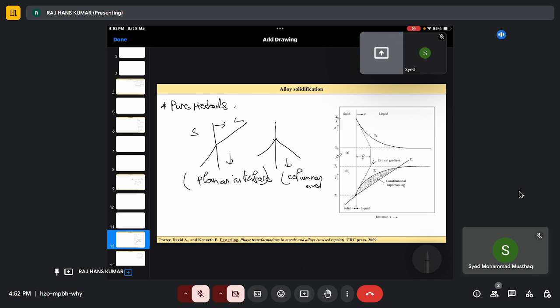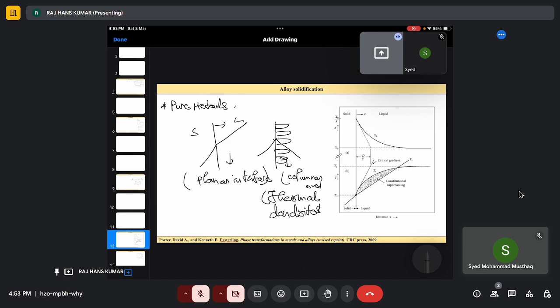Or if we satisfy this condition, we will have dendrite formation here. So we also call them thermal dendrites, right? So these we have seen in pure metals.